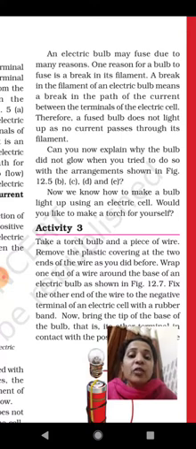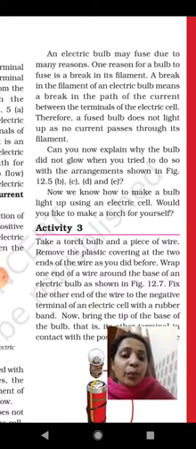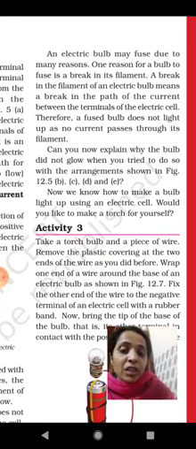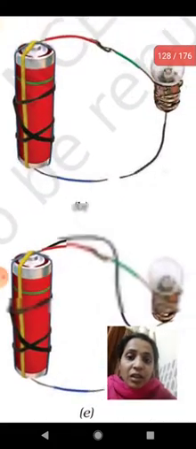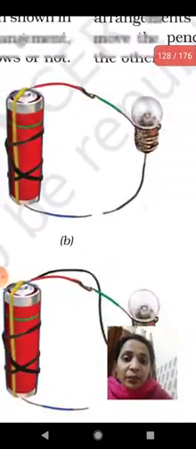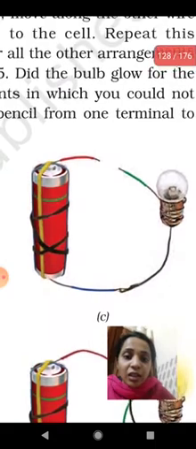So now, can you explain why the bulb did not glow when you tried to do so with the arrangement shown in figure 12.5? That's the pictures B, C, D and E. Let's check. See B, here it's a cracked wire. C, see here again it's the same.